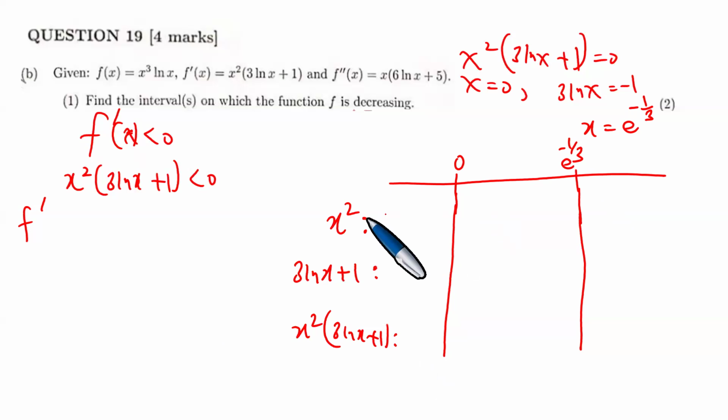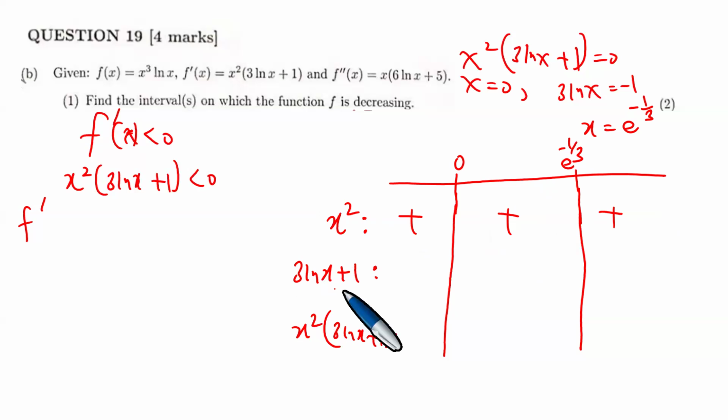x squared, for any x here, is going to be plus, plus, plus, because even if you take an x that is negative and you square it, it's going to be plus. Between 0 and e to the power minus 1/3, whatever number you square, it's going to be plus. Bigger than this, you also get a plus.